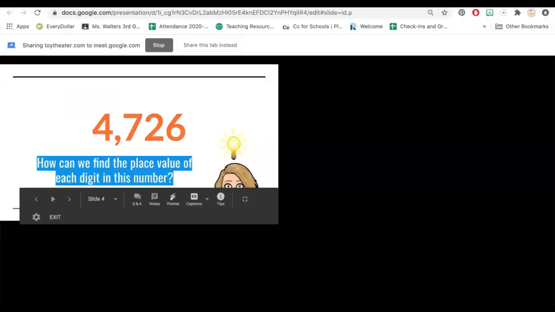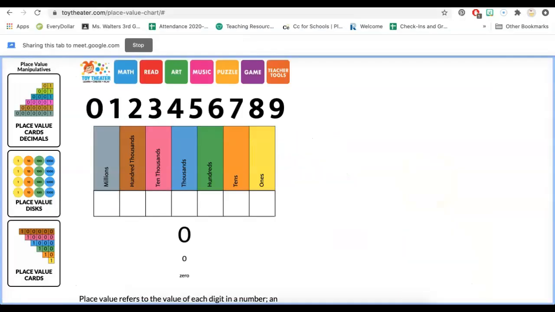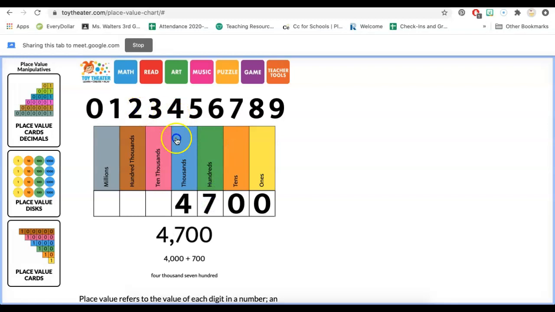It was 4,726. So that's my number, 4,726. And if I look at the number, I can see where it falls in the place value chart, and then I know the value of each number.